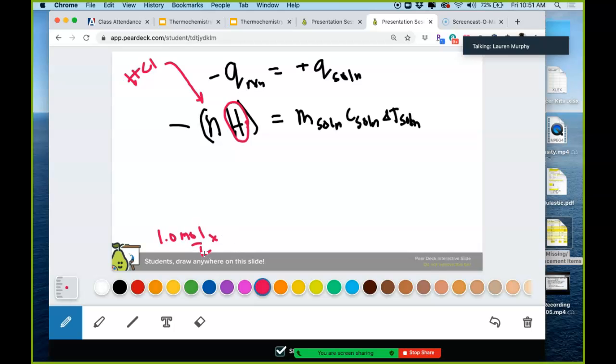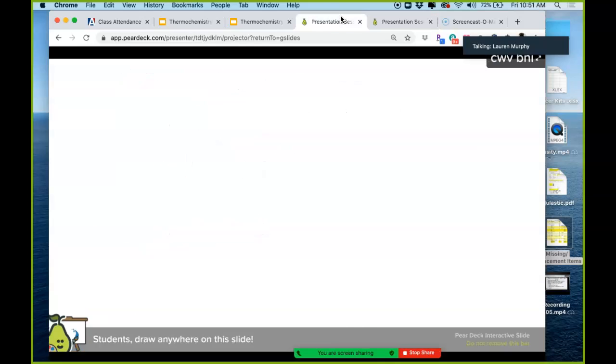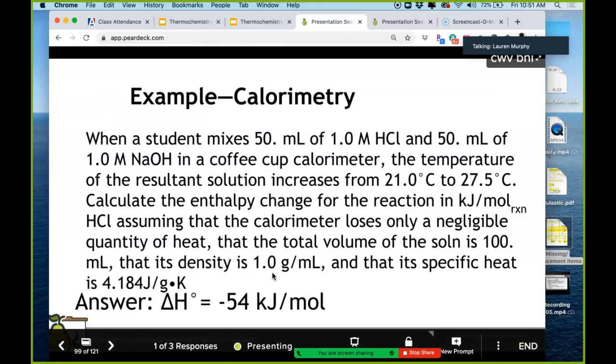So it's 1 molar, and then it was 50 milliliters, which is 0.05 liters, right? So 1 times 0.05 is 0.05 moles, so minus, and then 0.05 moles times H equals, what's the mass of the solution? Well, if you have 100 milliliters and the density is 1 gram per 1 milliliter, you have 100 grams.